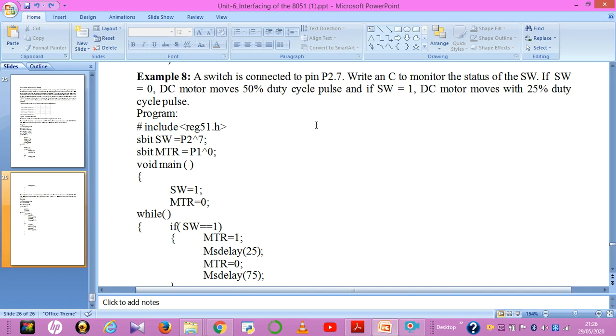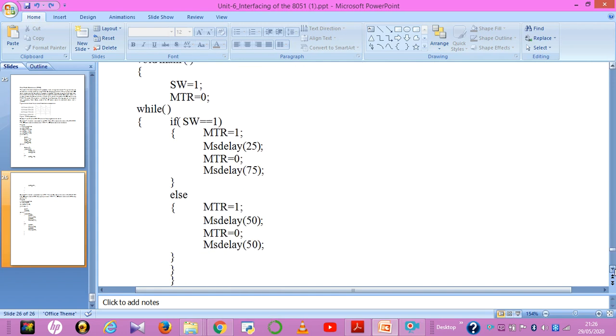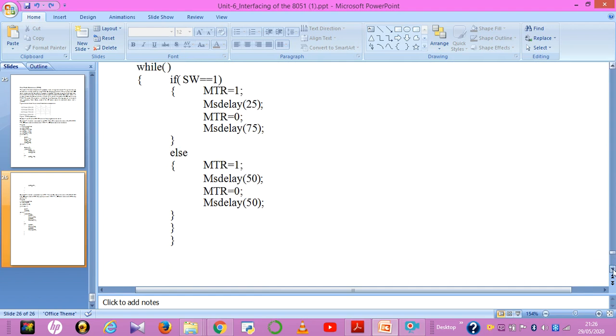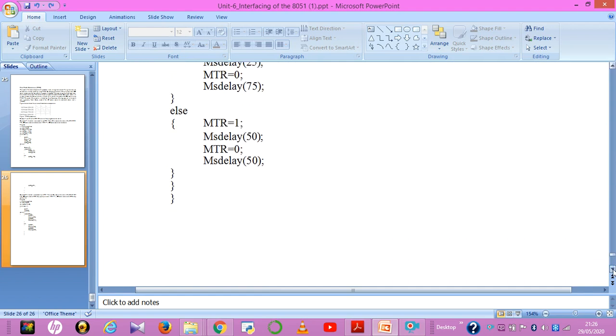It drives a 50% duty cycle, not complete rotation for the DC motor, it rotates only for 50%. If the switch is on, it rotates for 25%. I have given the delay for that. It changes the motor running. See, for 50% duty cycle, next for a 25% duty cycle.